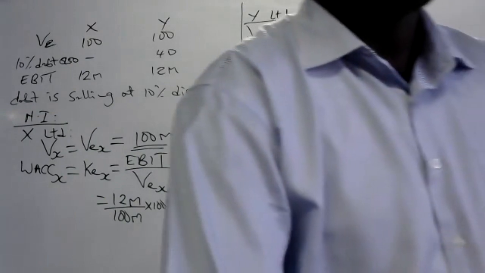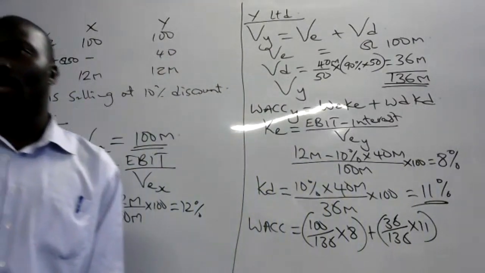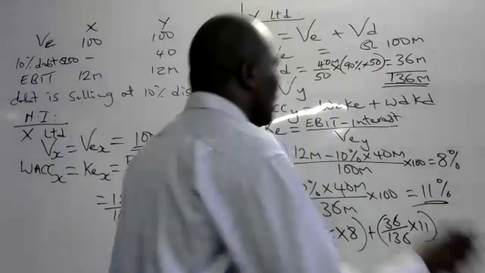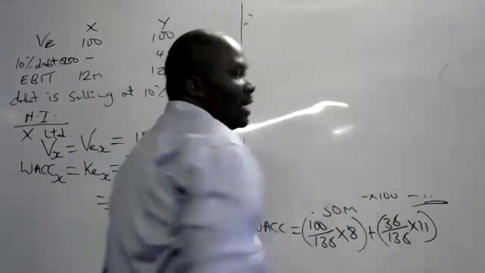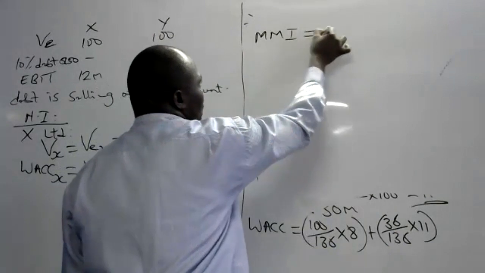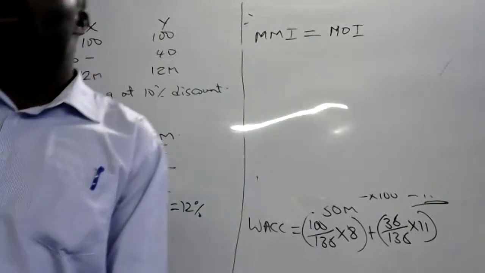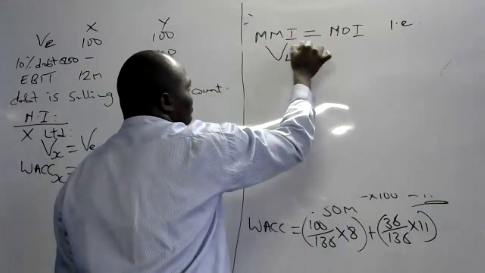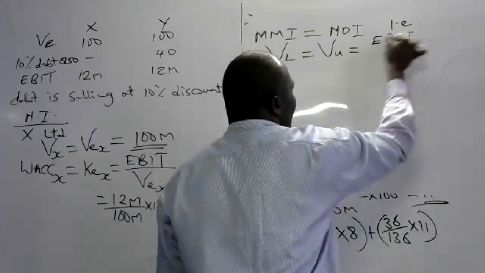So what we did for NOI, we do the same for MM1. Just for the sake of easier remembrance, you can appreciate that MM1 equals NOI. That is, the value of the levered firm equals the value of the unlevered firm, which equals EBIT divided by what?